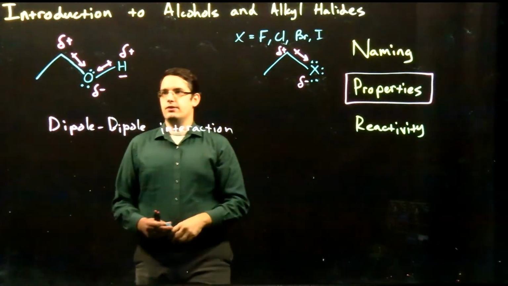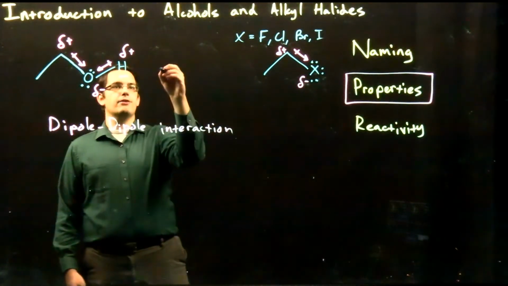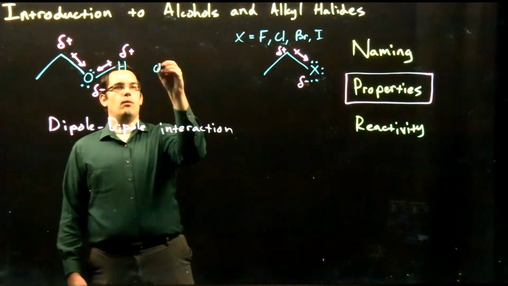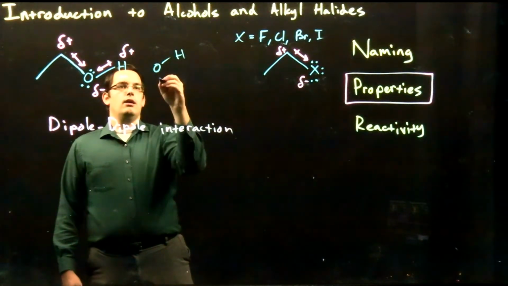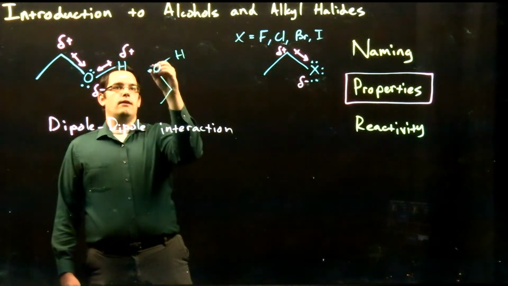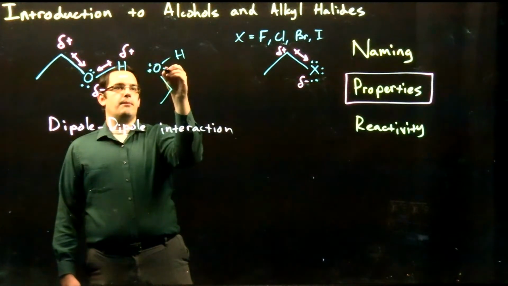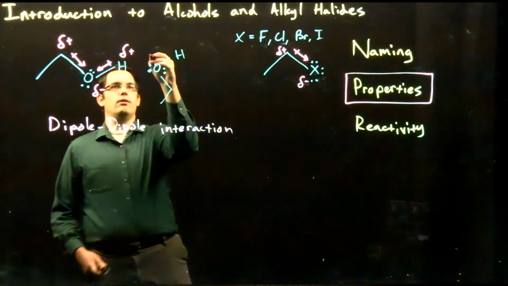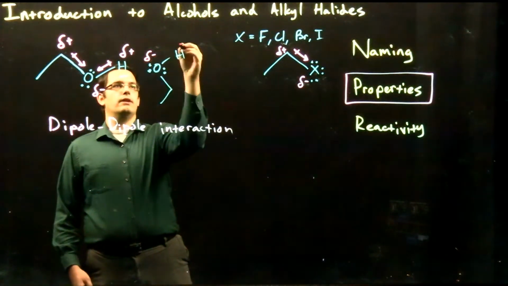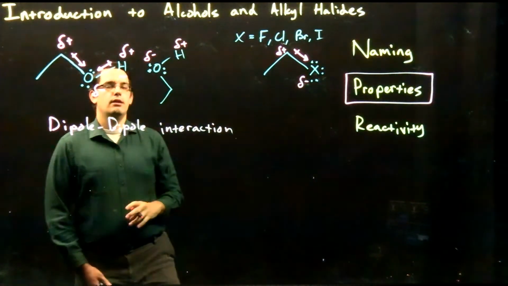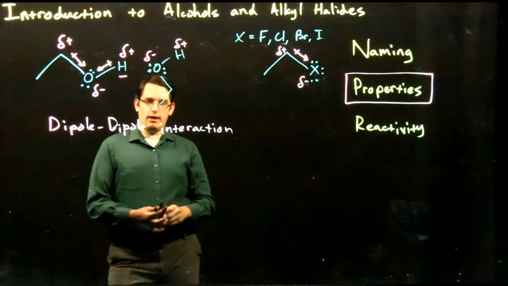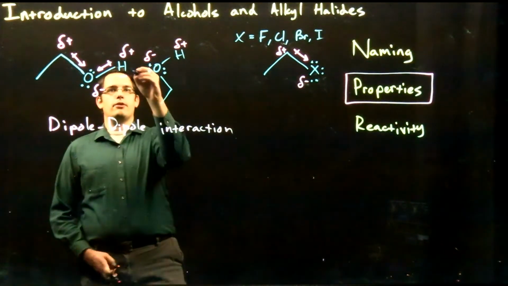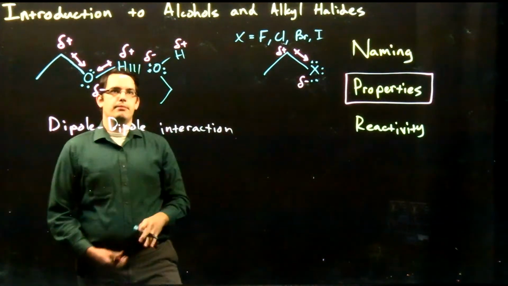And that leads to the possibility of hydrogen bonds forming, where our strong bond dipole from our oxygen and hydrogen can then interact with the dipole of nearby electronegative atoms like our oxygen, and we can create this hydrogen bond.